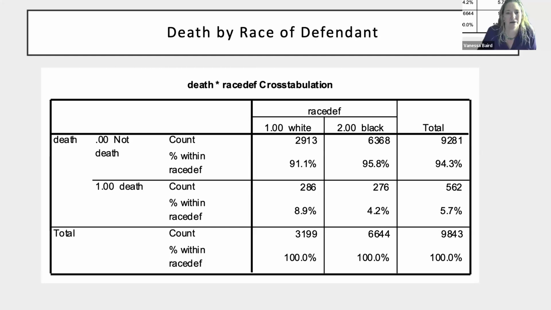Because people kill people they know. And we live in a racist, segregated society. So Black people are more likely to know Black people and white people are more likely to know white people. And honestly, when you kill someone, even if it's a capital crime, you're less likely to get the death penalty.